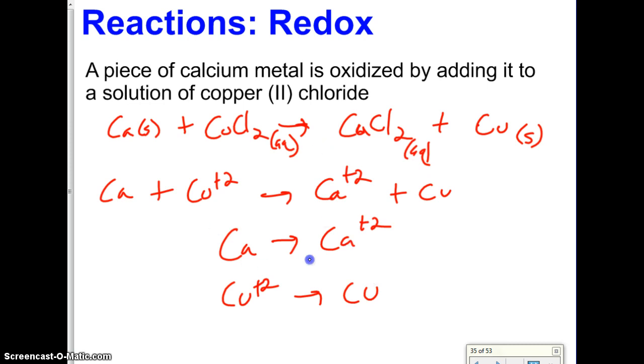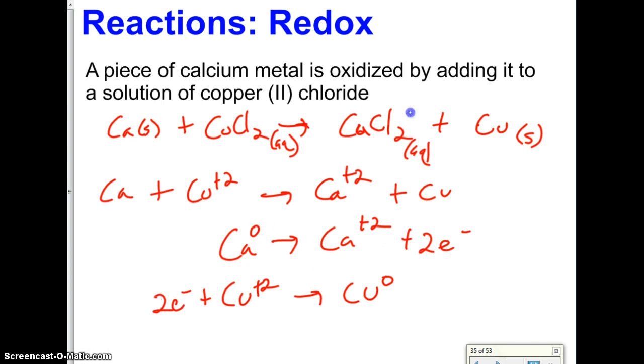So my first step after I have my half reactions is to balance my elements. They're already balanced. So the next step is to balance my electrons. So I'm going from a 0 state because I have an element to the ion state, which is plus 2. So 0 to plus 2 means we lost 2 electrons. Going from a plus 2 to a 0 means we gained 2 electrons.